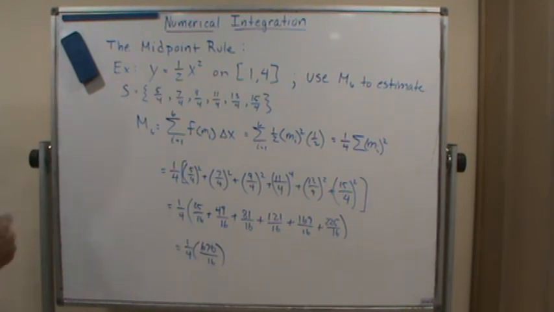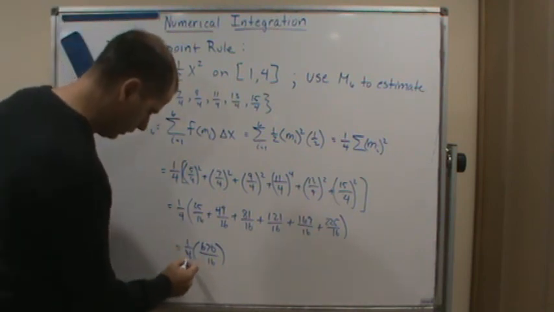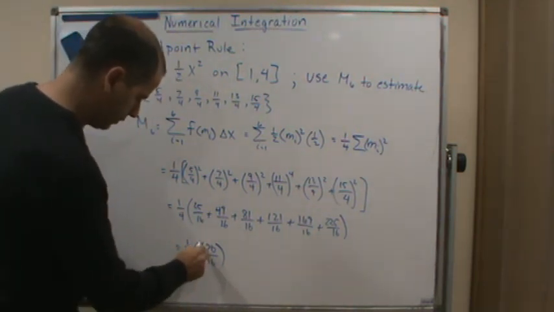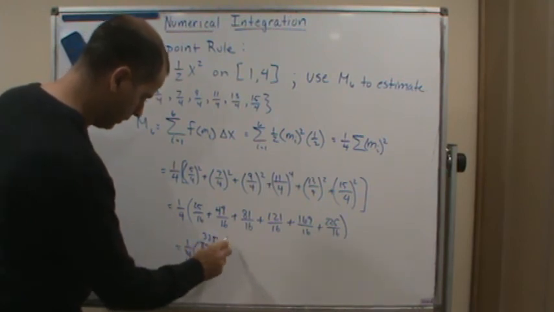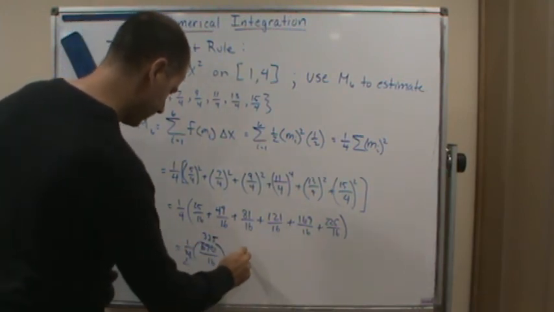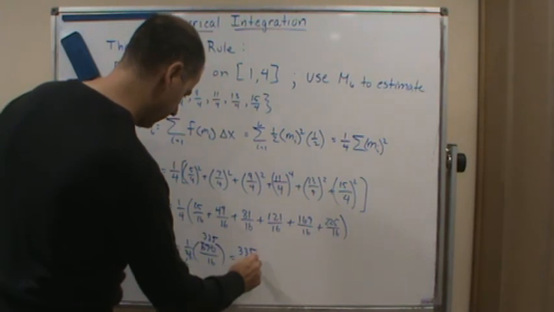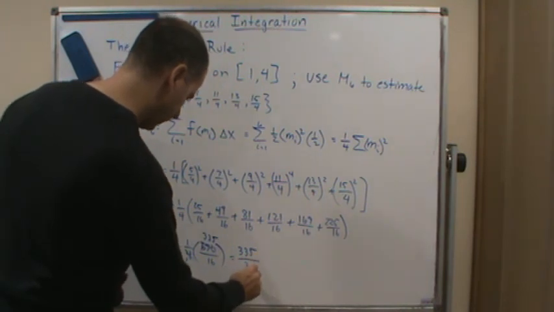This cancels with this, and that gives us 335 over 32.